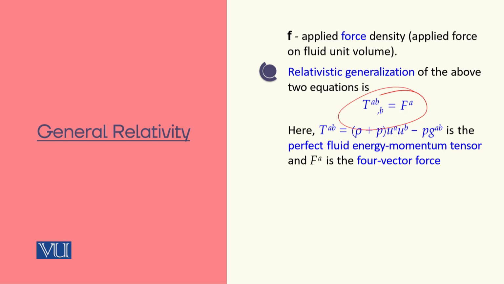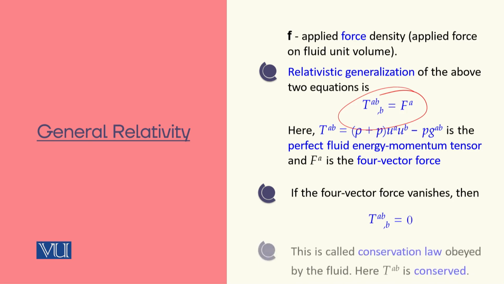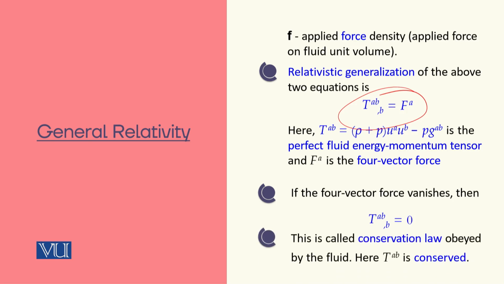So, for this reason, here c is skipped. If in some particular case this 4-vector force vanishes, then we have the special expression, and this is the well-known expression of energy conservation. So, this is called the conservation law obeyed by the fluid. Here T A B is conserved.